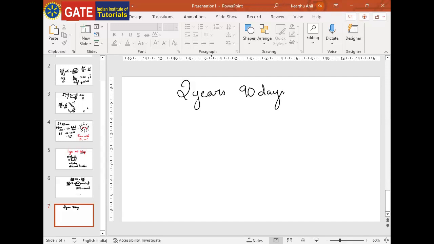Yes. For this also, they have given it as cannot be determined only. Consider it to be a non-leap year for the time being. That's why I told, if you have an option called cannot be determined and there is no leap year or non-leap year mentioned, then you should go for cannot be determined.